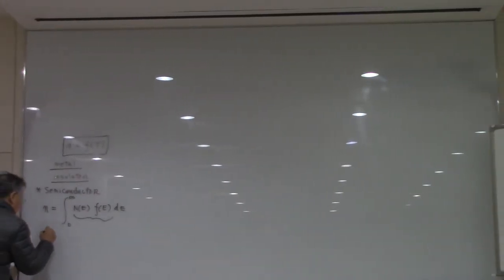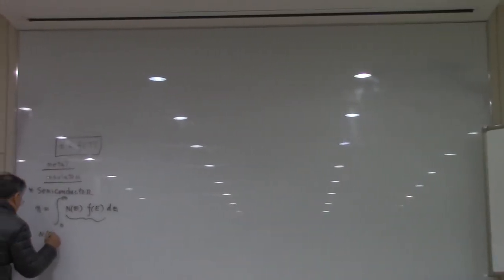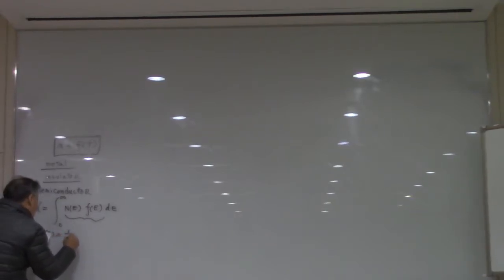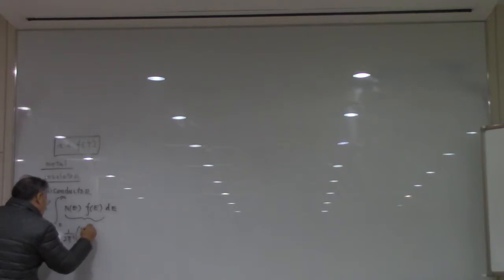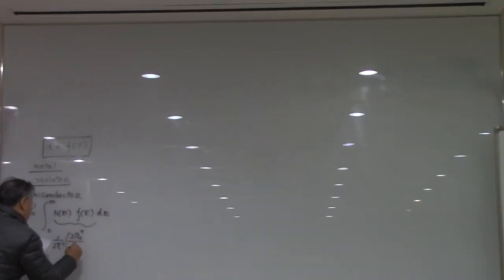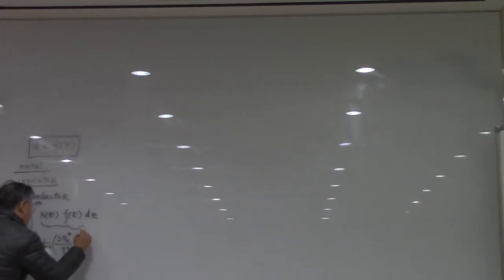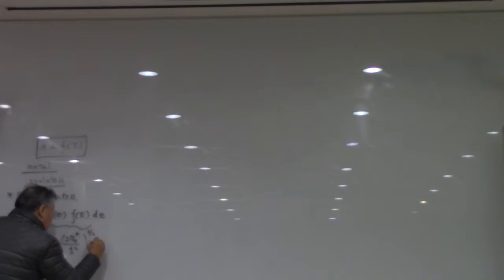So all we have to do is just solve this equation, and then we know the density of states, N(E), is going to be 1 over 2 pi squared times (2 m_e* over h-bar squared) to the 3/2, and then square root of E. Right?